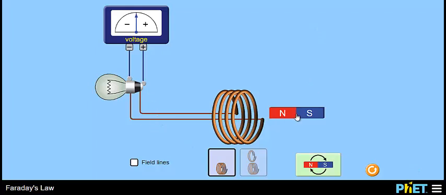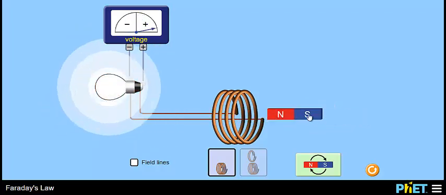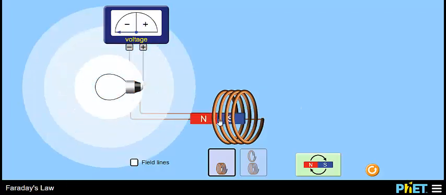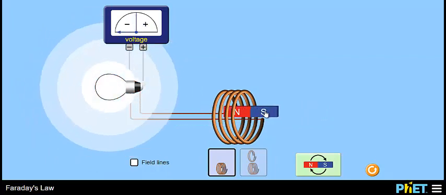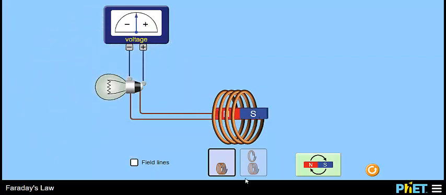Now we move the magnet toward and away from the coil. Pay attention to the lamp and the galvanometer needle. When we move the magnet closer and away from the coil, the lamp is on. But when the magnet is at rest in the coil, the lamp is off.